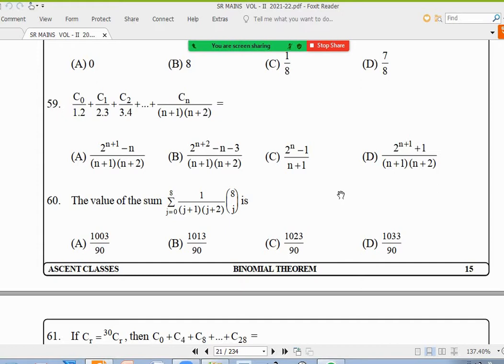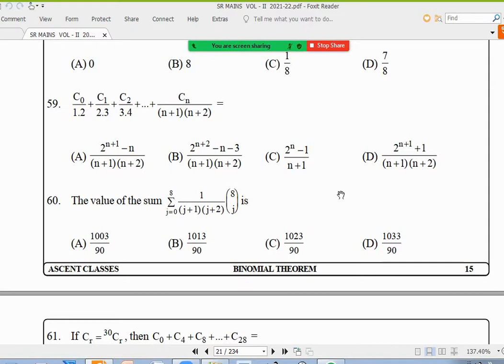Okay, 57. I'm erasing this whole thing. Okay, 59. Again, you can do by integration, you can do by sigma notation either way.